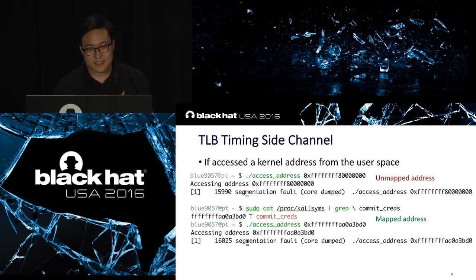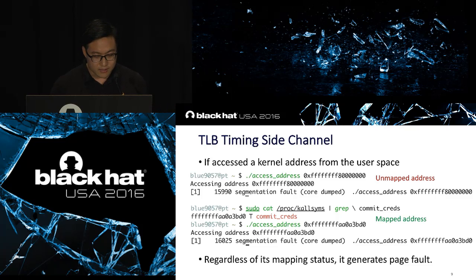And even if it is a mapped address, because we are in ring 3 but the address privilege is ring 0, we get a page fault. So it turns out as a segmentation fault at the user level, and at the user level we cannot distinguish which one is which.